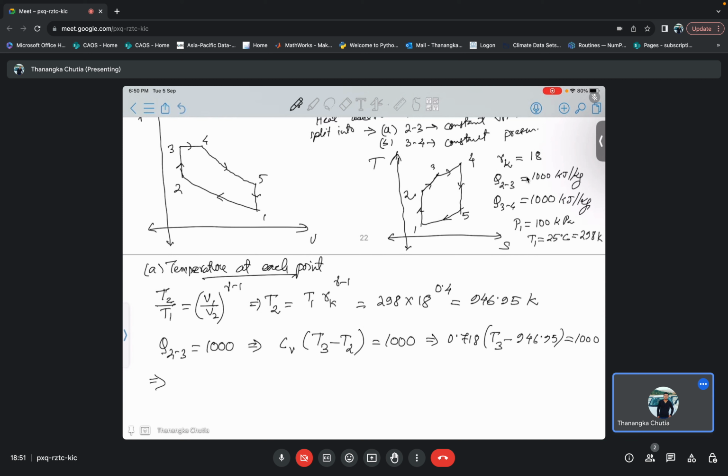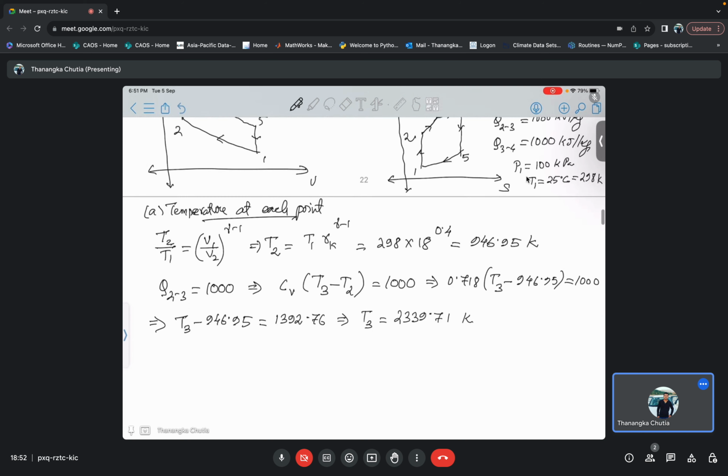So from here T3 minus 946.95 is equal to 1000 divided by 0.718, that is 1392.76. So T3 is equal to 1392.76 plus 946.95, that is 2339.71 Kelvin.